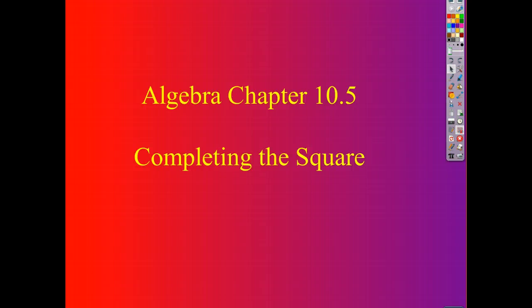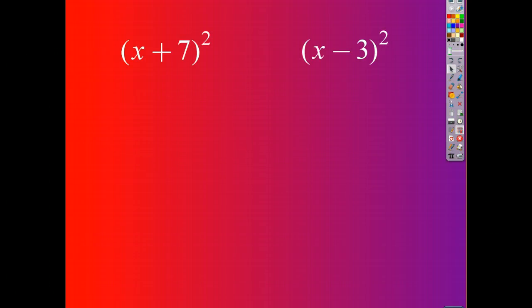First, let's look back at some perfect square binomials and review the pattern they went through, in order to find the quick way of solving this. When you have something like x plus 7 squared, what you're saying is x plus 7 times x plus 7.